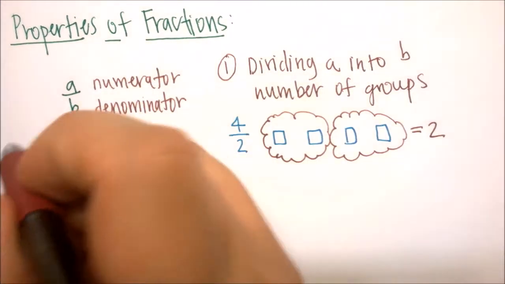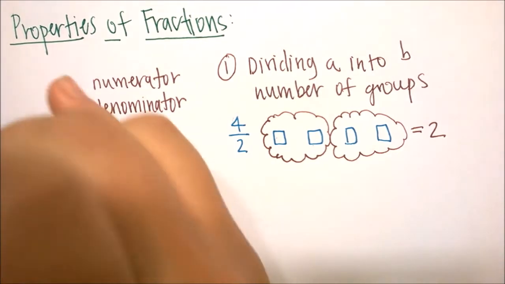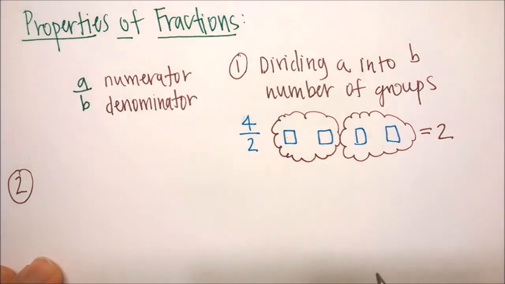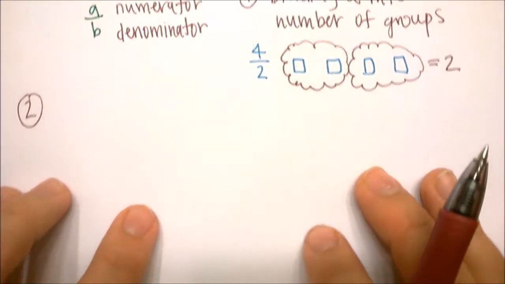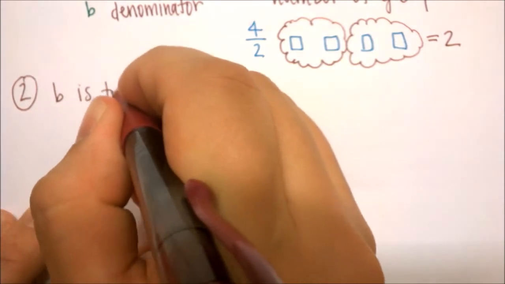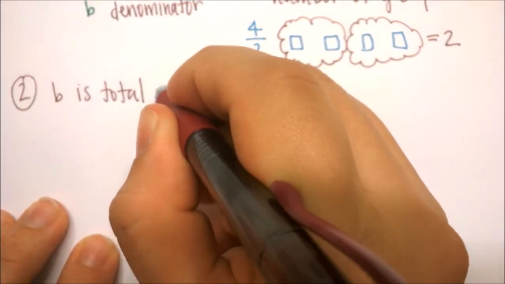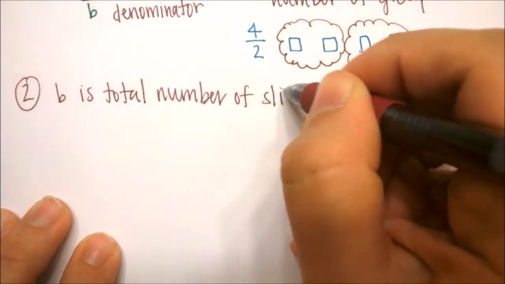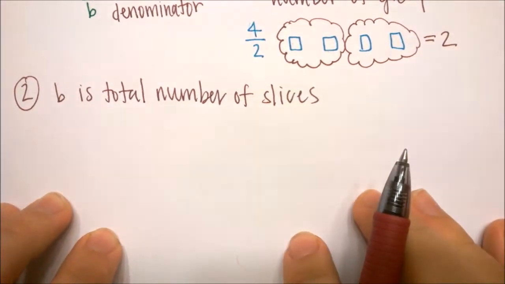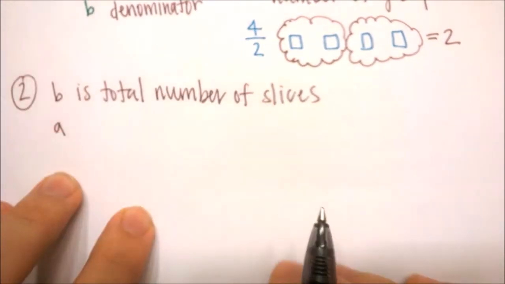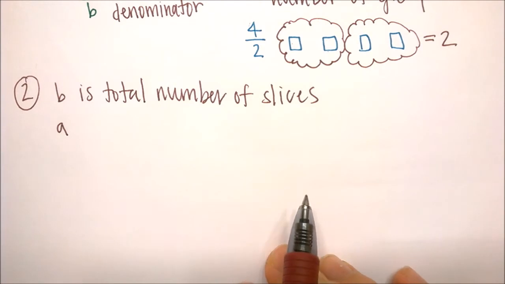Okay, that's the first way of looking at this. The second way of looking at it is like we're looking at a pizza. Let's say that B is the total number of slices, and A is the number of slices that we have, meaning if someone eats a slice, what we're left with.